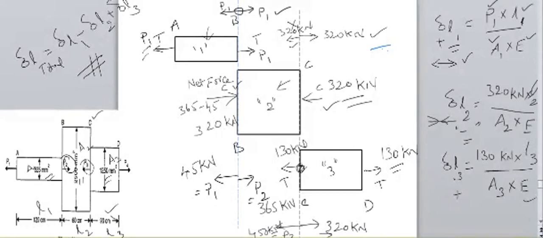Therefore, we need to apply P1 on the other side of the body, that is the B side. So we consider P1 on the B portion on the right hand side as well as on the left hand side.